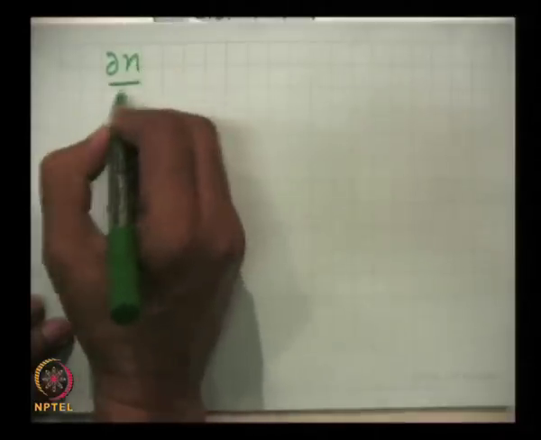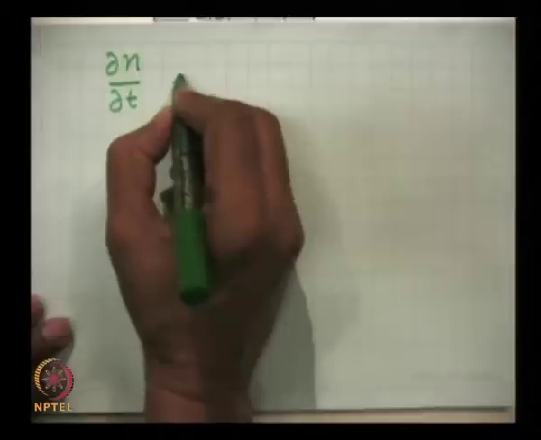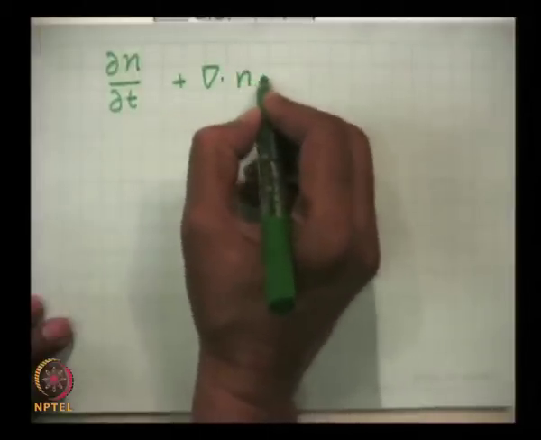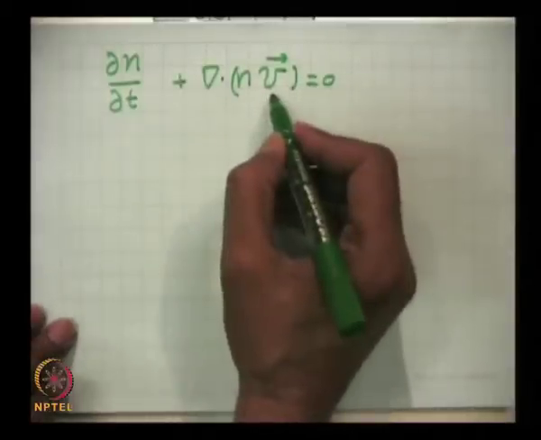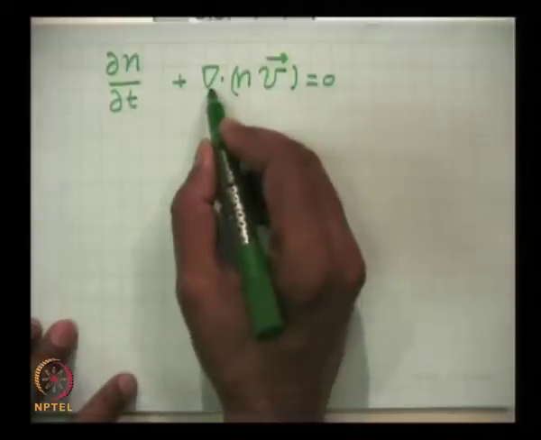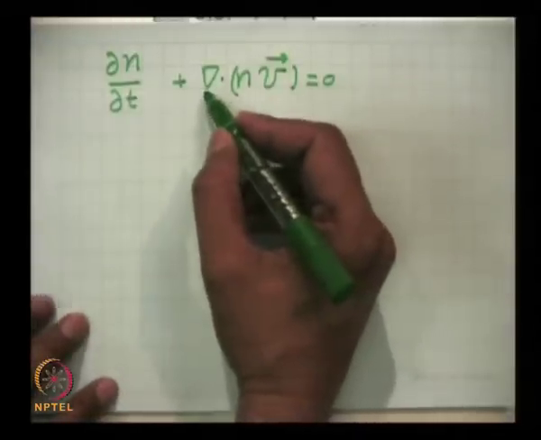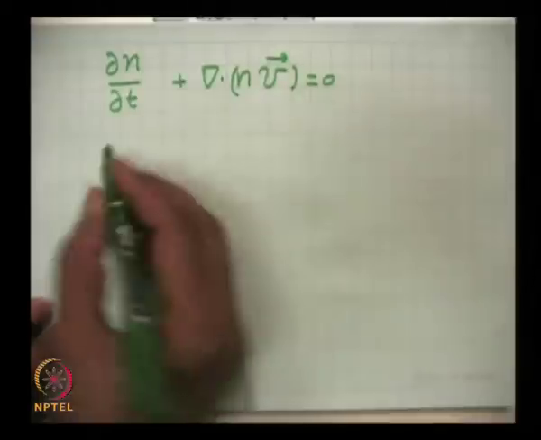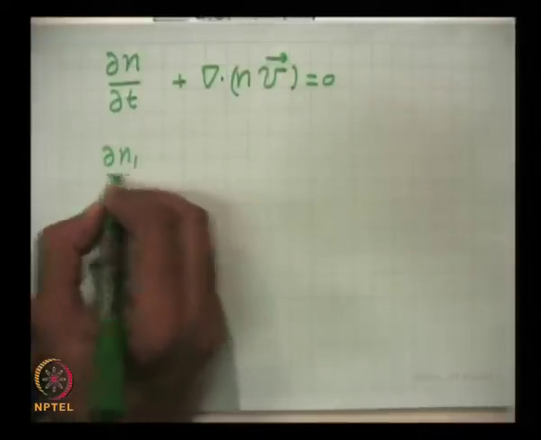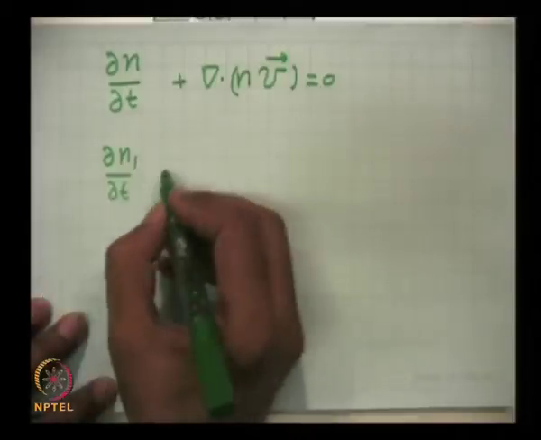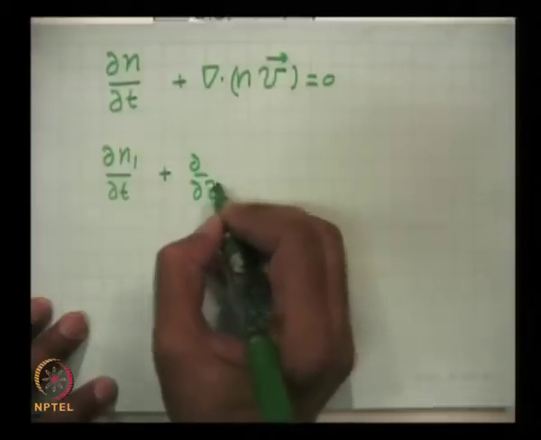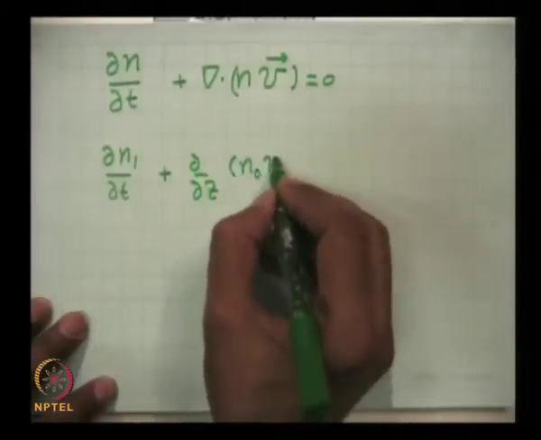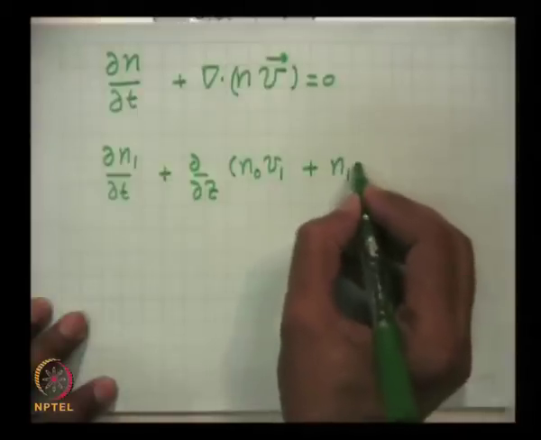Go over to the equation of continuity, which reads delta n by delta t plus divergence of n v is equal to 0. Because all velocities are in the z direction, only delta delta z will survive here. Then linearize this term, so you will get delta n1 by delta t plus delta delta z of n0 v1 plus n1 v0.